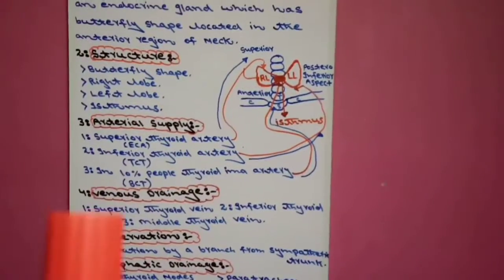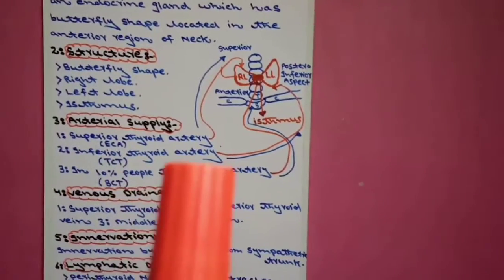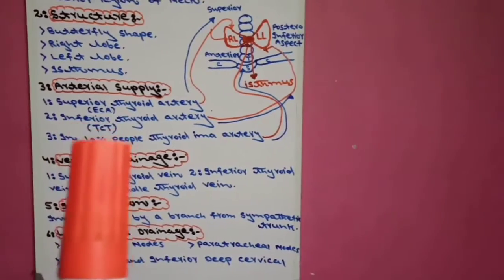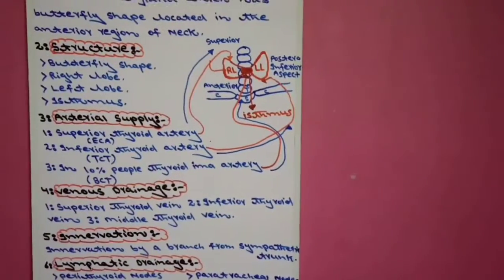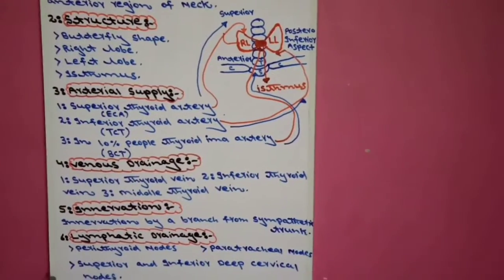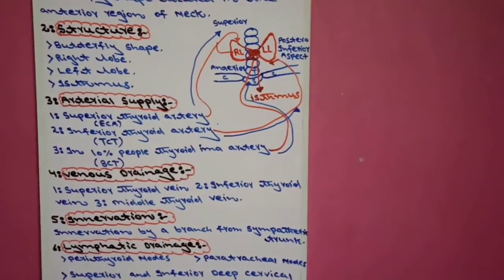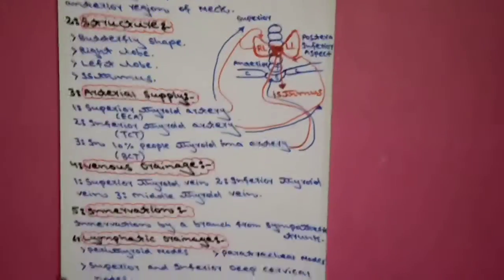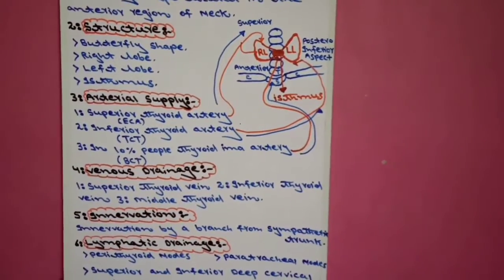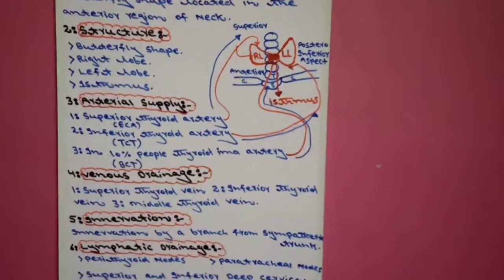Now second artery is inferior thyroid artery, which is a branch of thyrocervical trunk. The inferior thyroid artery, its name suggests it supplies blood to inferior region of thyroid gland, but it also has an additional function.